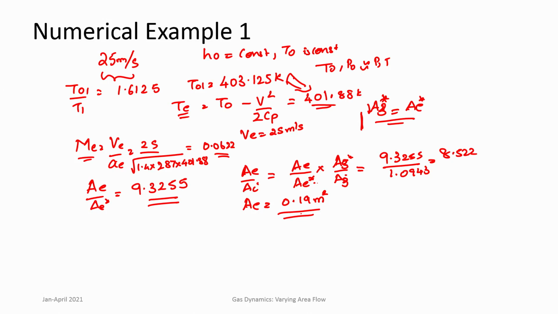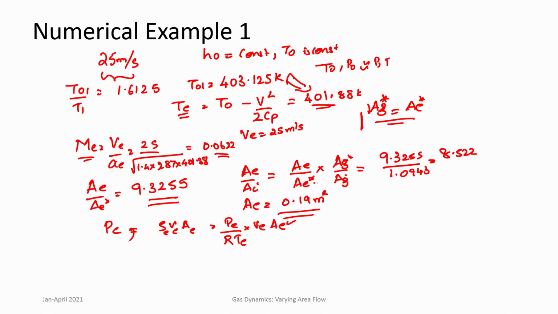Okay. So what is P exit? This is what is needed. For this we can use pressure ratios and calculate it, but now that we have calculated mass flow rates, static temperatures and velocity is 25 meter per second, we can go ahead and convert this rho e V e A e to P e by R T e multiplied by V e multiplied by A e.